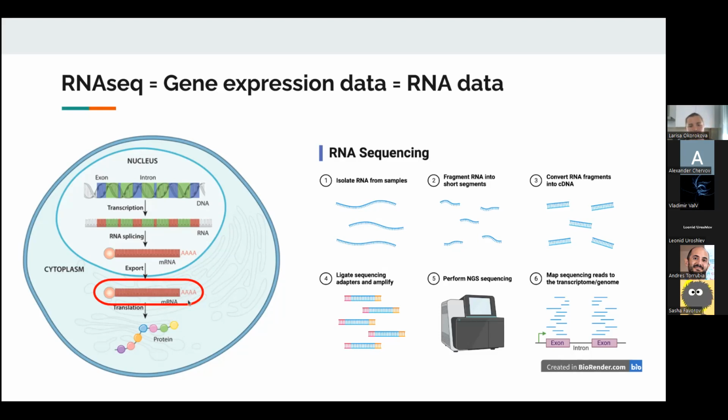So we don't read the whole molecule, we read just a small part. In this case, we don't need to normalize to the size. Still, we need to normalize to how many molecules we took from the cell. I will talk about this a little bit later.